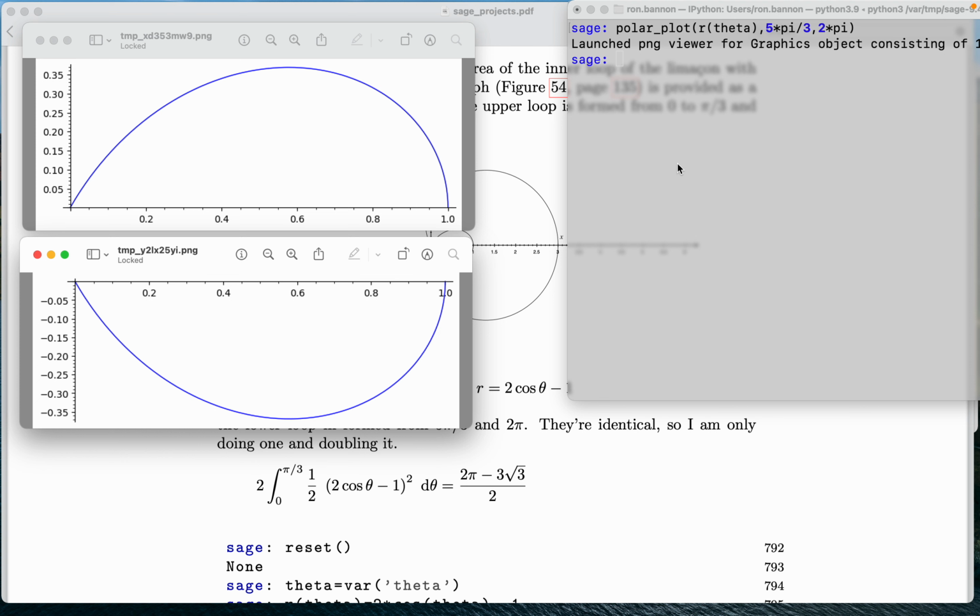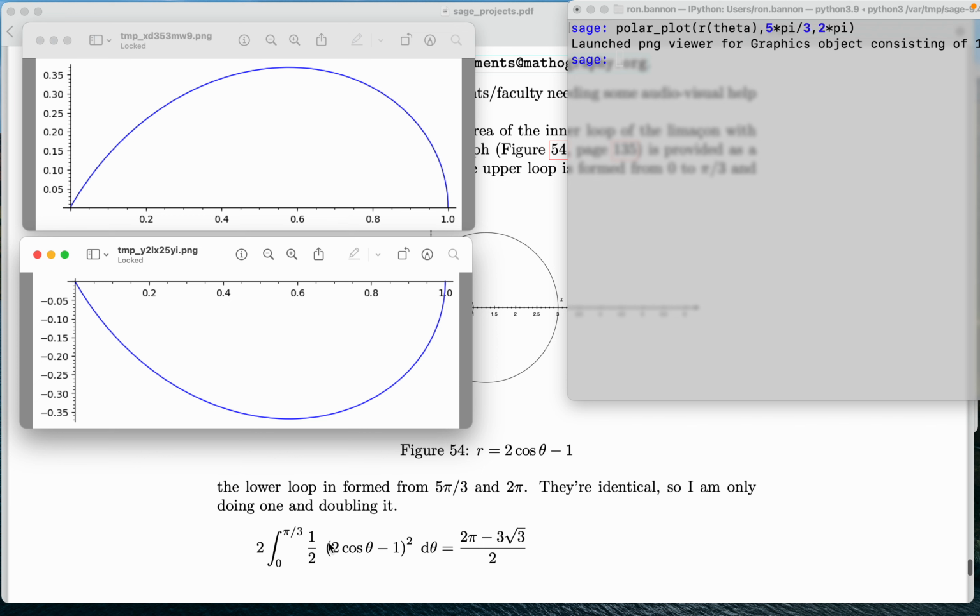Now, something you could do is just do this upper portion here, integrate it, and then double it to get the area. And that's what I did in the notes, by the way. So I want to type that in for you. And again, I'm not going to look at my code. I'm going to look at this over here, and I want to verify that I get this answer here.